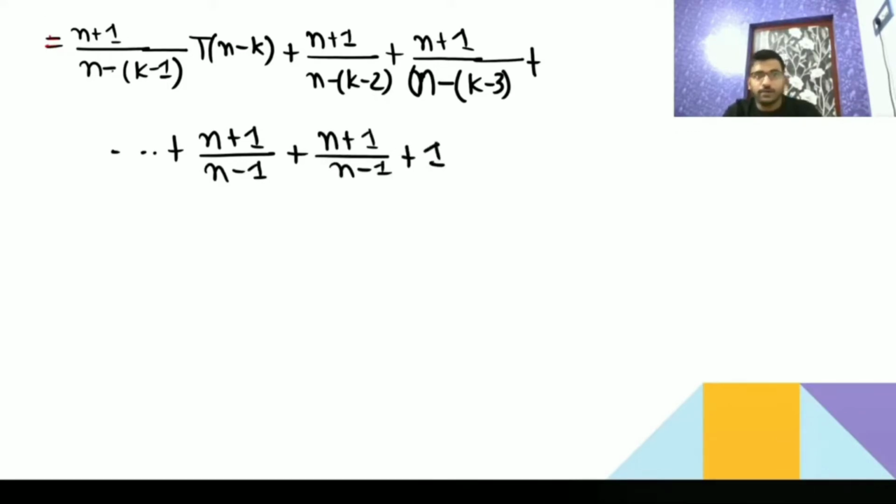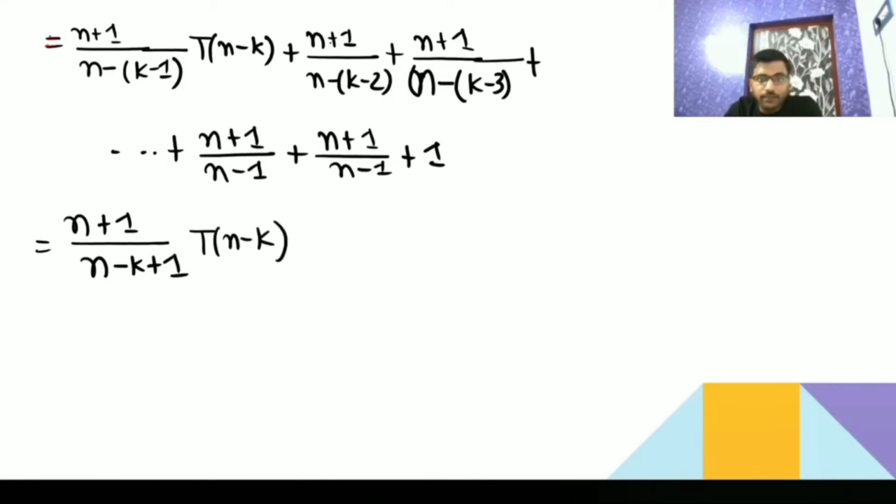Okay, now take out this equation. It will be n plus 1, n minus k plus 1. So this will be minus, then this will be plus, then write it as tn minus k. Now from all this, you are getting always in the numerator, n plus 1. So take n plus 1 as common.